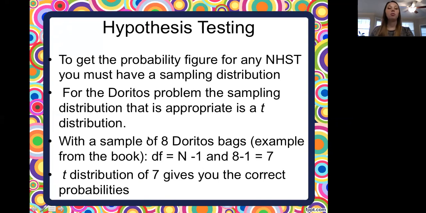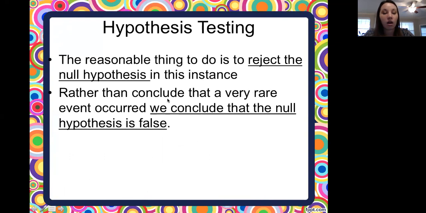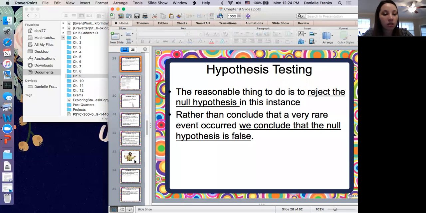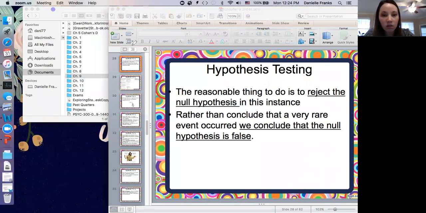So our sample size was 8, so 8 minus 1 gives us 7. The T distribution with 7 degrees of freedom gives you the correct probabilities. When we look at our T table, we're going to use 7 as our degrees of freedom. So let me now go to the T table really quickly. Where is it?